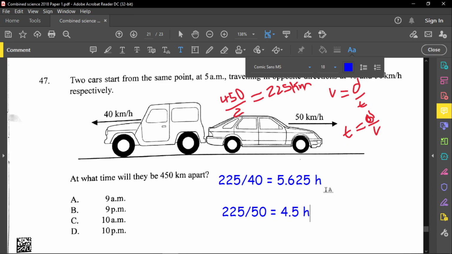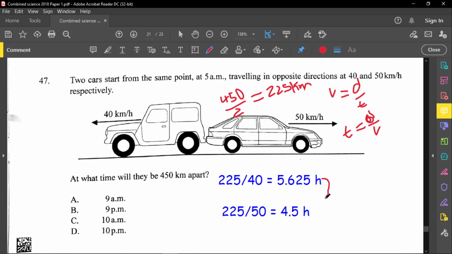Now I'm going to find the average between these two times. I'm going to add them and divide by 2 to see the average time traveled in the entire motion.